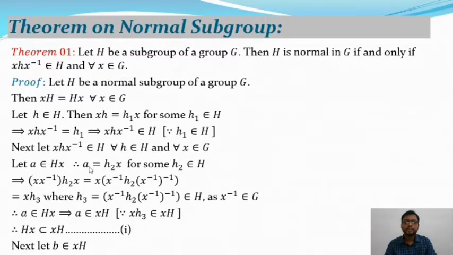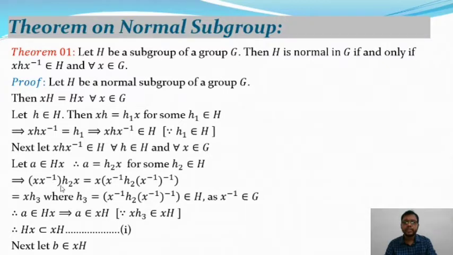Therefore the above equation implies x inverse into h2x, where x inverse is the inverse of x, you know that. So h2x can be written as x into x inverse h2 x, and applying the associative property, we get x into x inverse h2 x inverse of inverse, and you know that x inverse of inverse is equal to x.